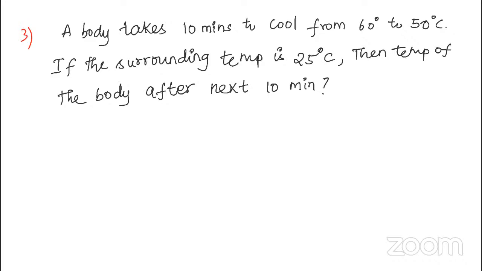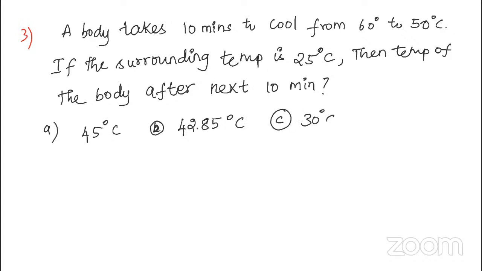Okay. So here they have given the options. Option A is 45 degree centigrade, B is 42.85 degrees centigrade, option C is 30 degrees centigrade, and option D is 32.5 degree centigrade.